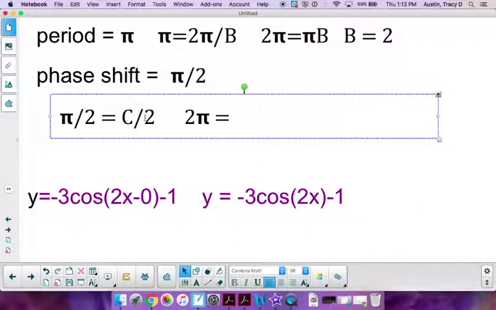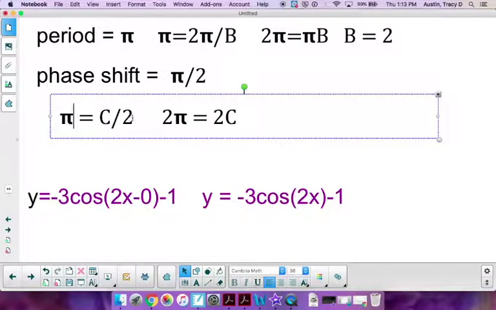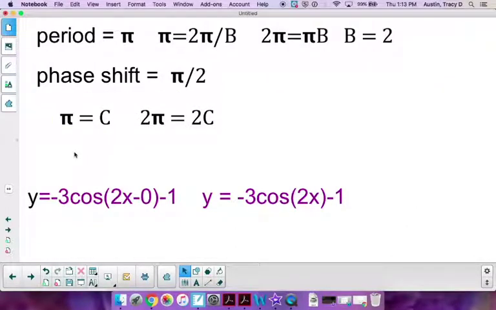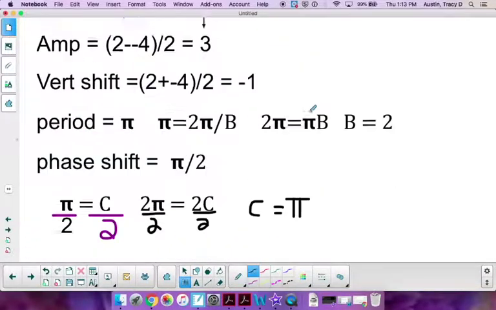I know it's probably harder to read if this is not a stacked fraction, so let me stack it up for you. Pi over 2 equals c over 2, if that makes life a little bit easier. Cross multiply, you get 2 pi equals 2c. Divide by 2 in order to solve for c. So c equals pi.